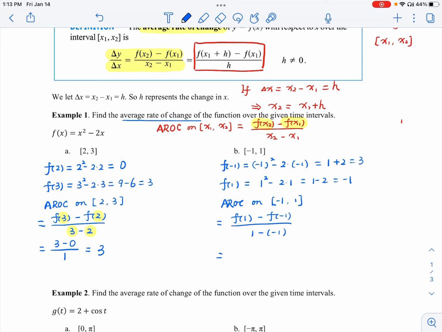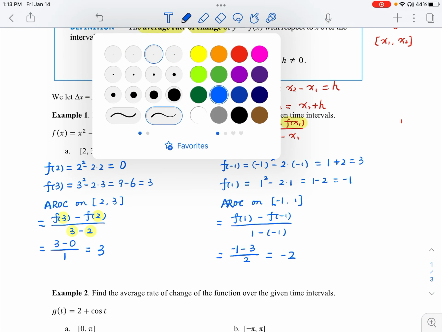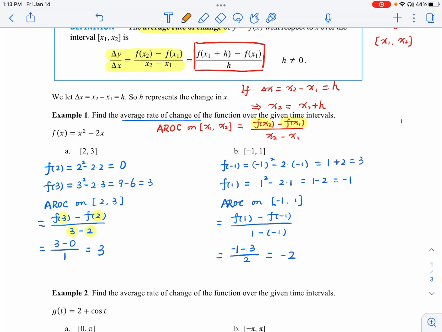Plugging in the values, it is -1 minus 3 divided by 2. So the answer is -2. For this kind of question, we do two steps. The first step, calculate the values at the two endpoints. The second step, plug into the average rate of change formula.